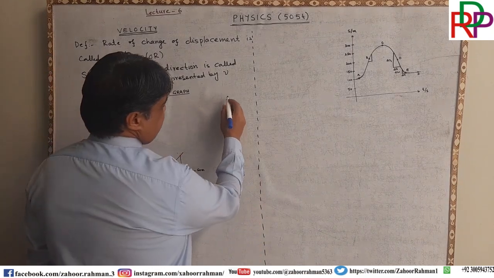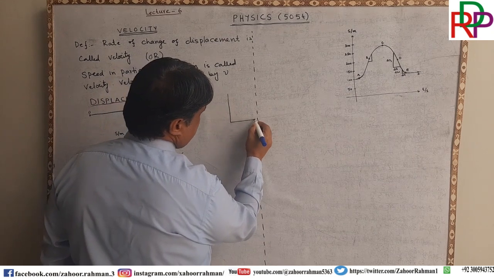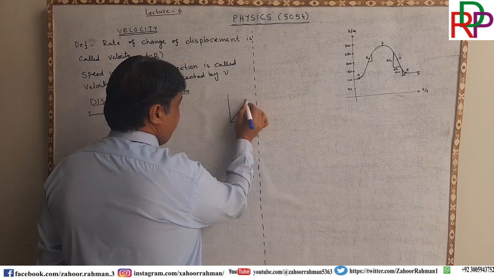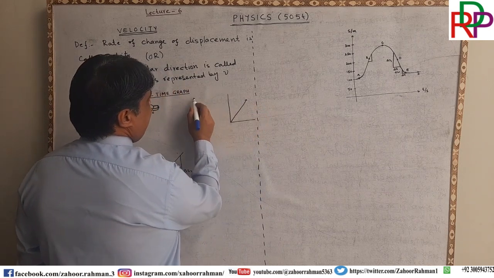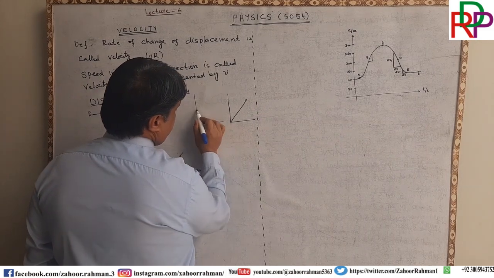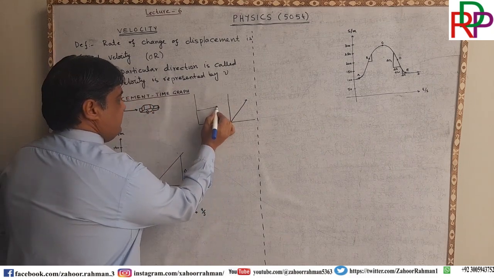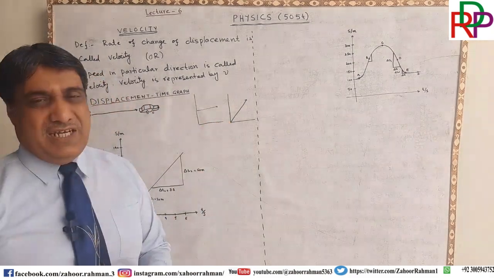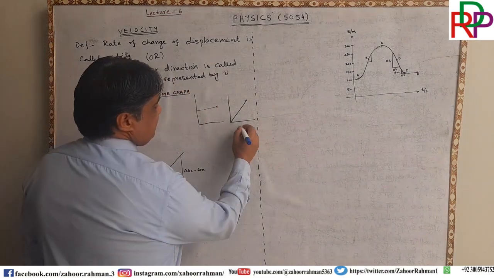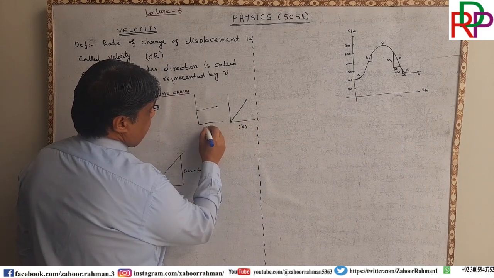Ladies and gentlemen, you must understand the difference between uniform velocity and constant velocity, because these sorts of questions can be seen in the CIE exam very frequently. So you must understand this B part and this A part.